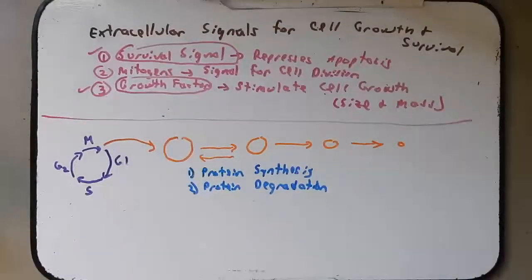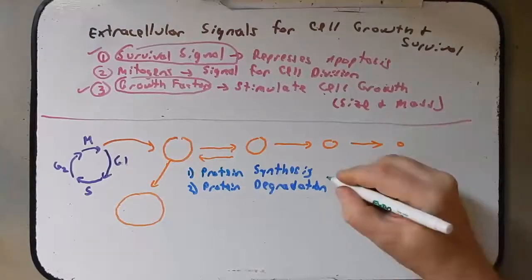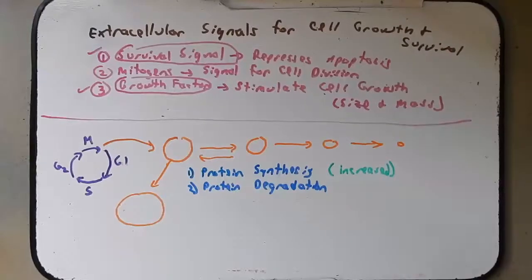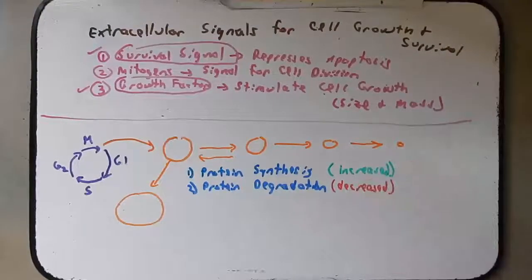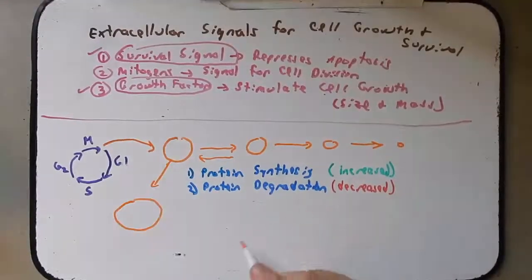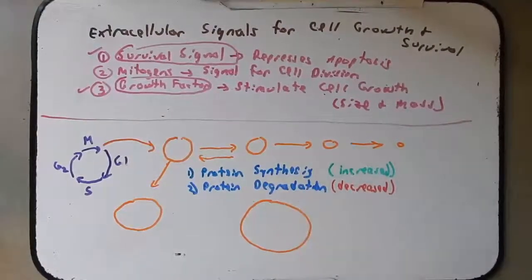But if a cell is to get bigger, what has to happen is protein synthesis must be increased and protein degradation must be decreased. Usually it's a balance, but to get bigger, protein synthesis goes up and protein degradation goes down.